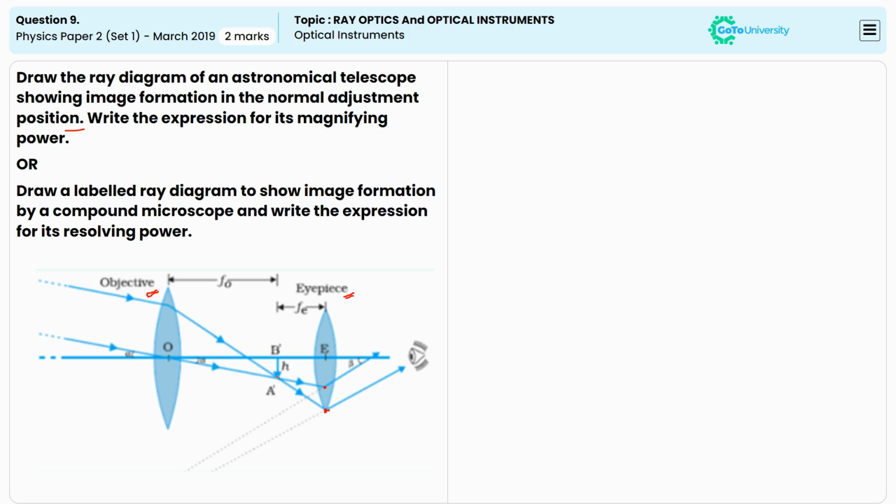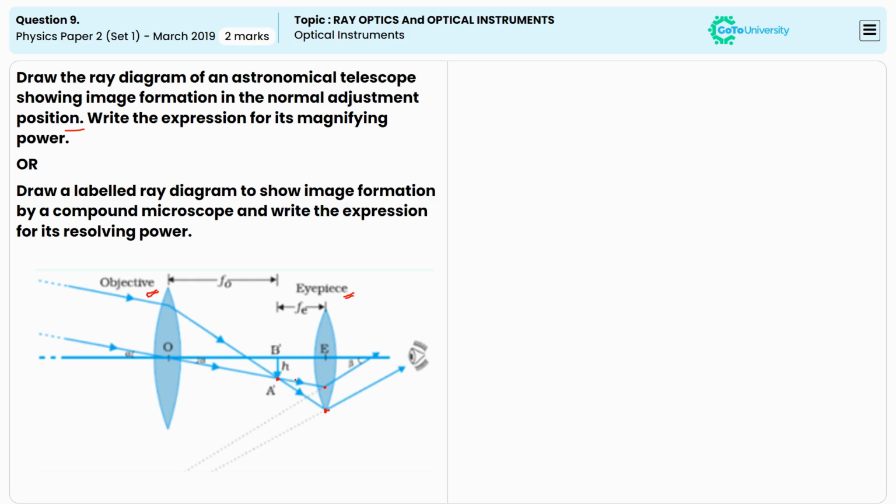This is the image, which acts as the object for the eyepiece. We call it A dash B dash. This is the focal distance, f naught, the focal length of the objective lens, from the objective lens to where the image is formed.